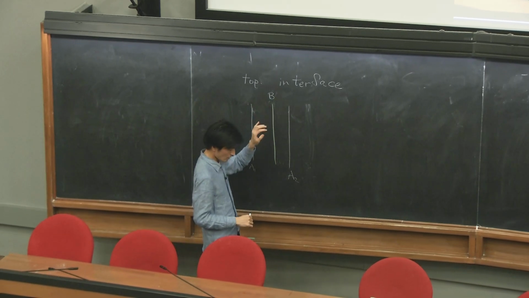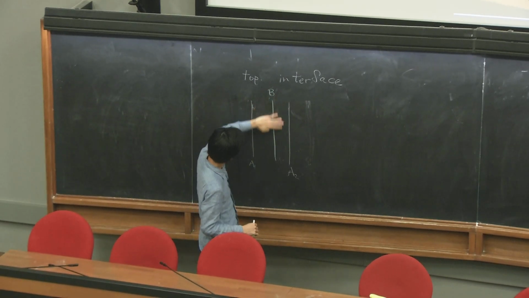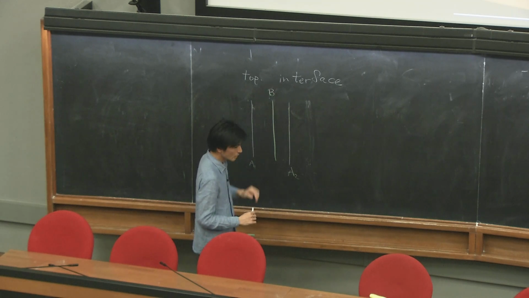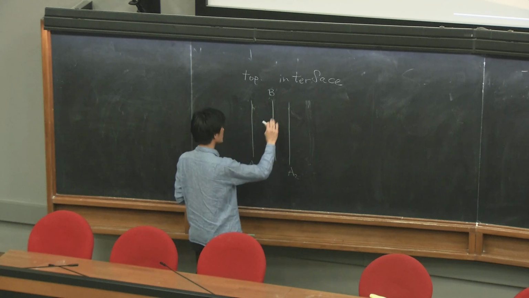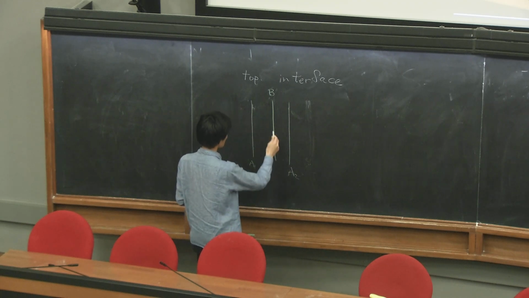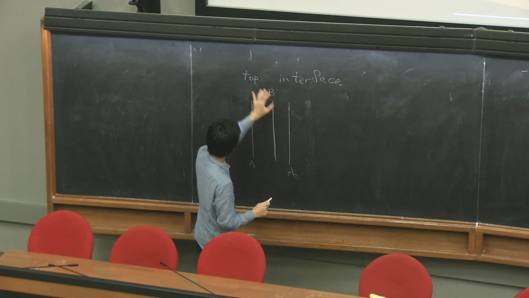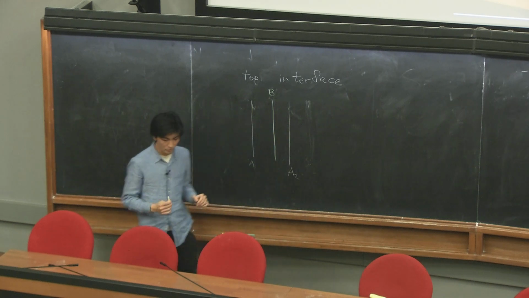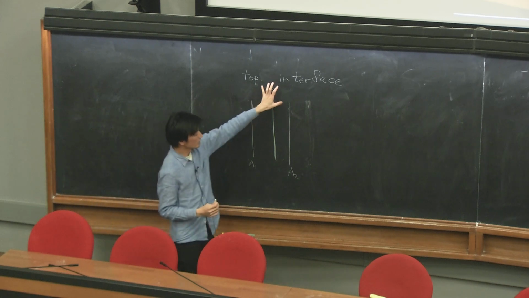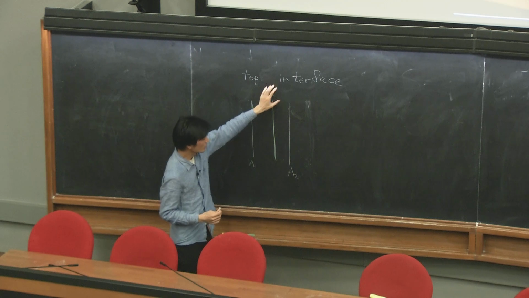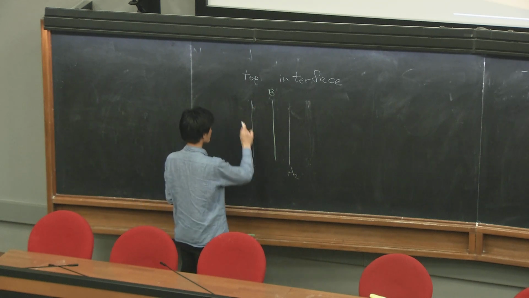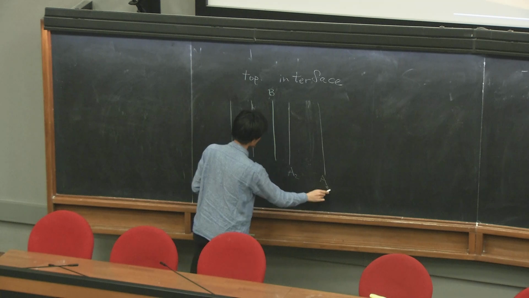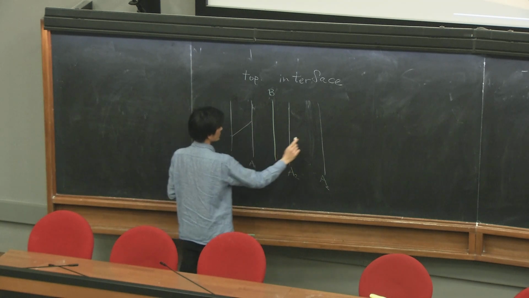So we insert another vector space, one vector space that I call B, and then we want this to be topological in the sense that we can extend our commuting projector Hamiltonian to involve B. Here we have A1 on this side and A2 on this side.